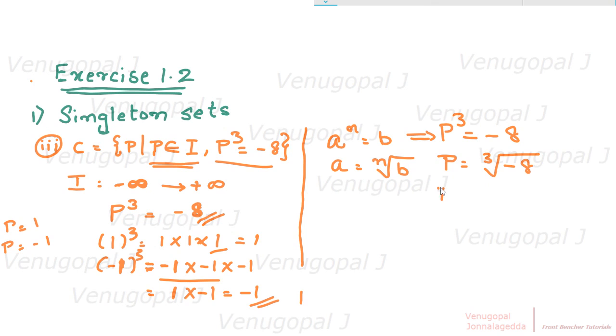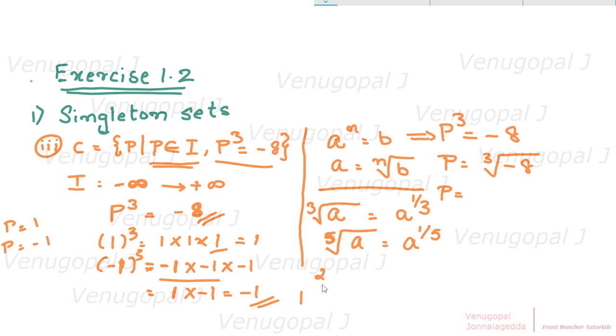Another thing is that the cube root of anything is nothing but a raised to 1 by 3. If it is the 5th root of a, then it is a raised to 1 by 5.